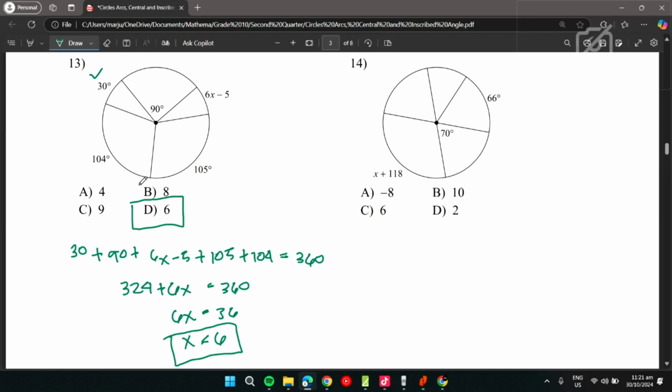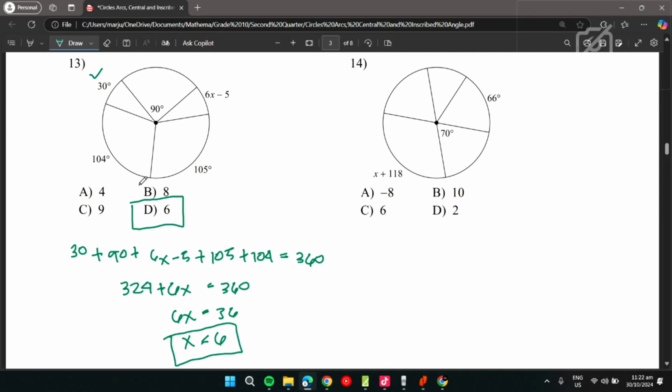Number 14. What about number 14? Oh, anong concept dyan? Before we answer, anong concept kailangan nating tandaan dyan? Kanina, we said 180. Tapos, earlier, 360. Ngayon, anong concept yung kailangan nating i-remember dyan? Anong concept yung kailangan nating tandaan dyan? 180 pa din.